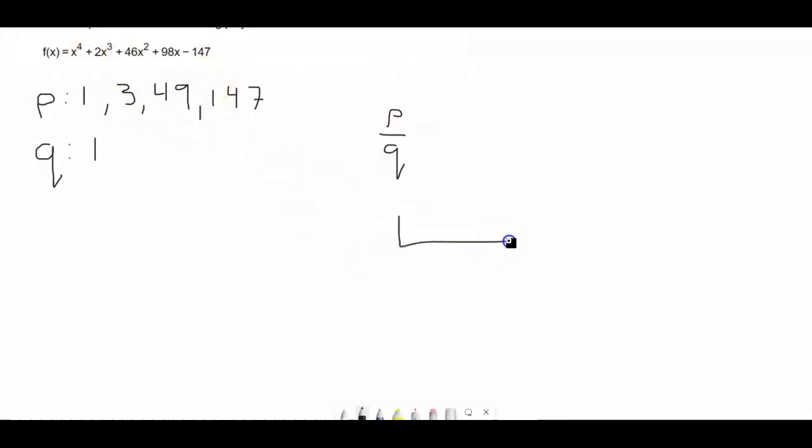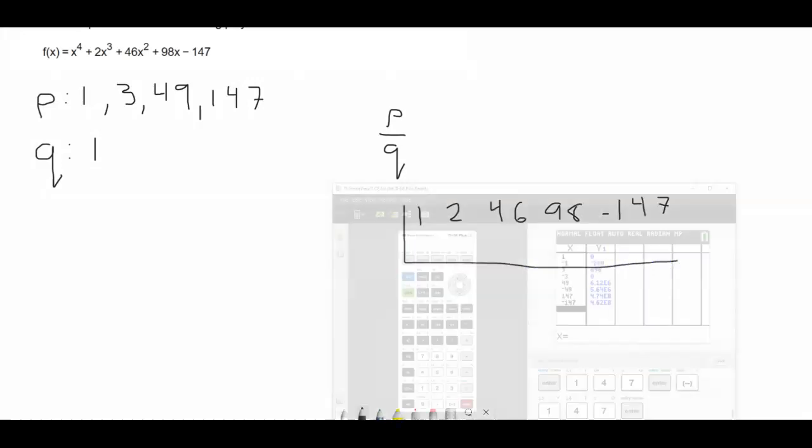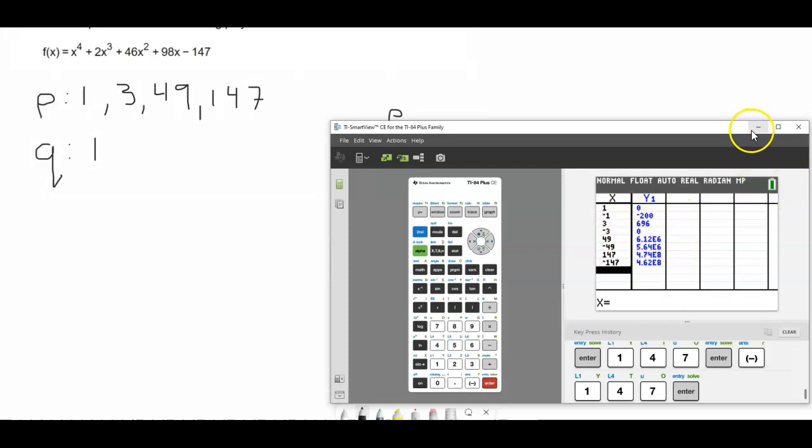So I'm going to make a little L-shaped thing like this, and then start putting in these coefficients here, which is 1, 2, 46, 98, and negative 147. Then I could use either 1 or -3, but I'll use 1 first.